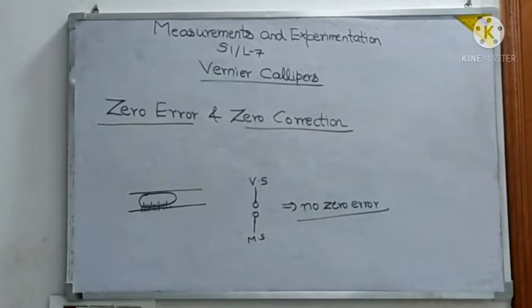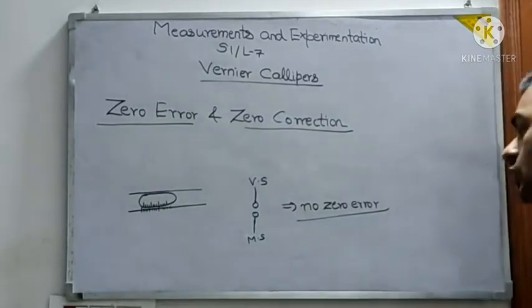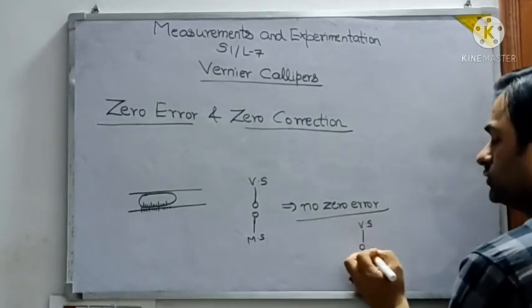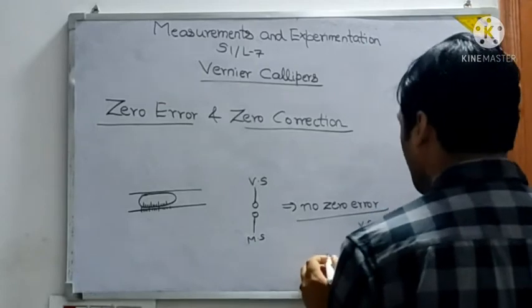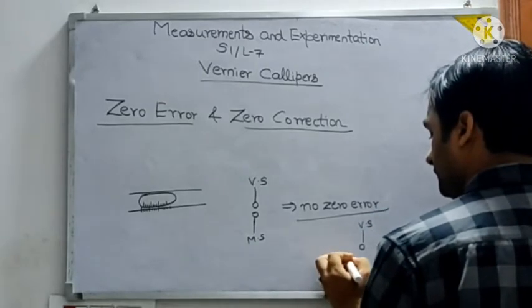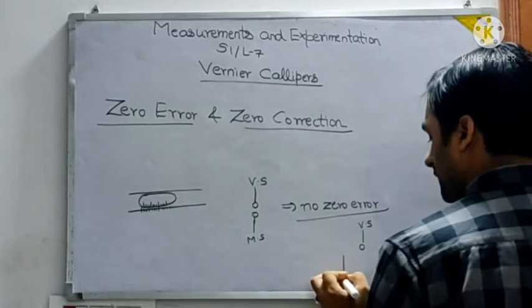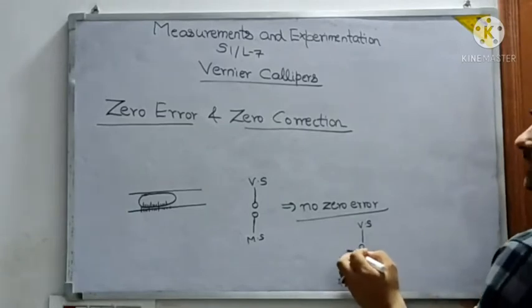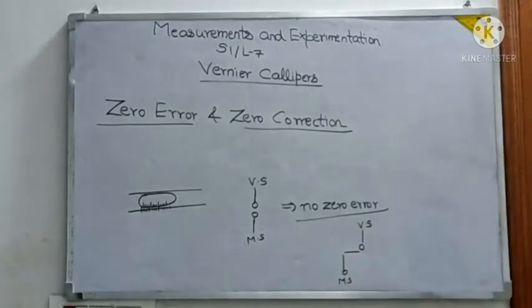Either the zero of vernier is to the right of zero of main scale. That means vernier scale zero is to the right of the zero of the main scale, MS. That means you can find that the zero of the vernier scale is on the right hand side of the zero of the main scale.